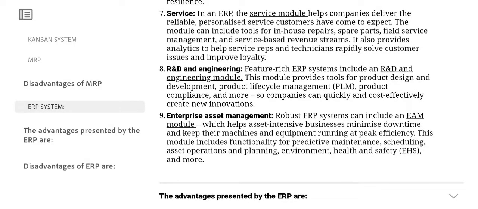Means what? At this point, the company can allocate the assets with the ERP system for maintenance, for their scheduled maintenance, for changing of any parts or everything. So this comes under the ERP systems.